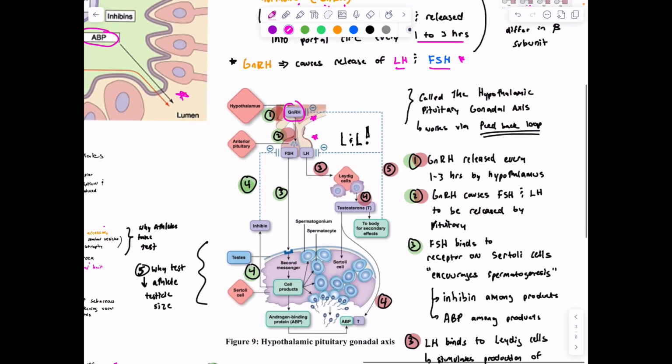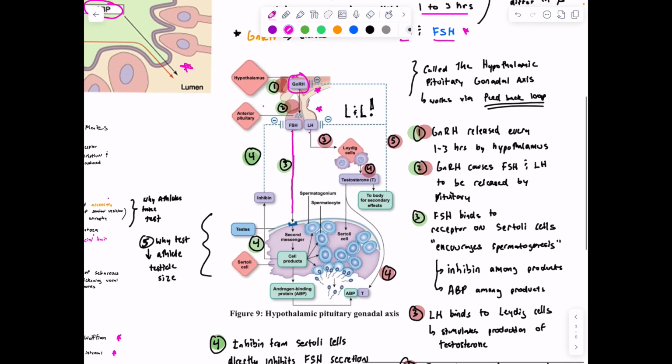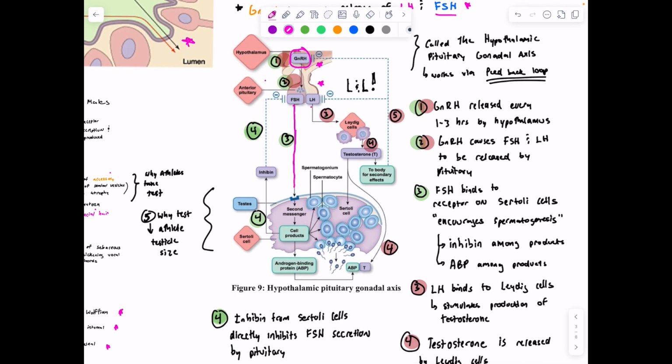All right, so then we had GnRH released by the hypothalamus. It goes to the anterior pituitary, causes FSH and LH to be released. We know FSH acts on the follicle cells, right? And for males, that means what's our quote-unquote follicle? The seminiferous tubule. And so it's going to act on our Sertoli cells there, cause the creation of cell products.